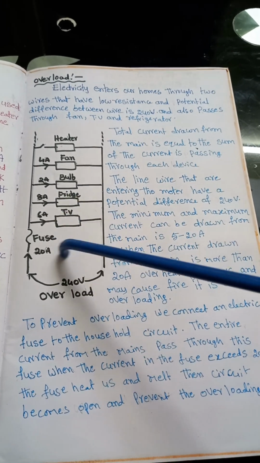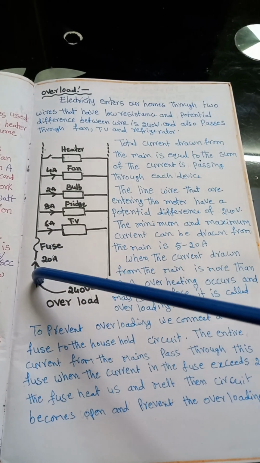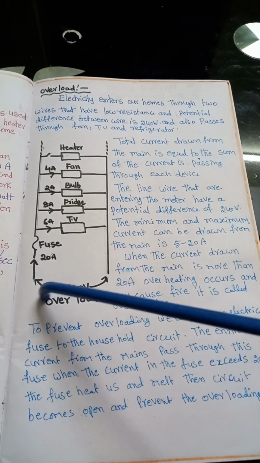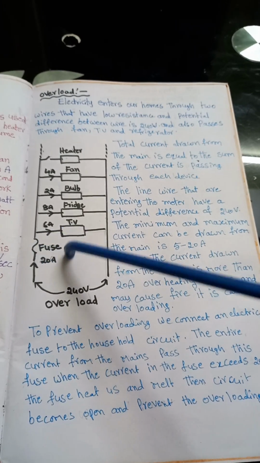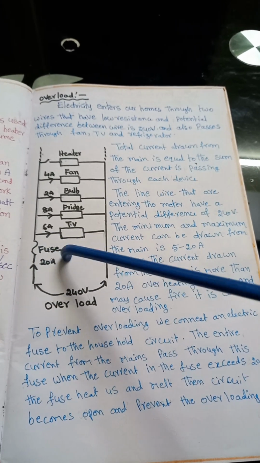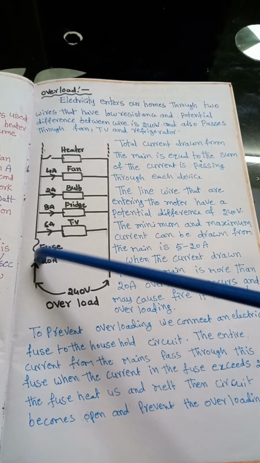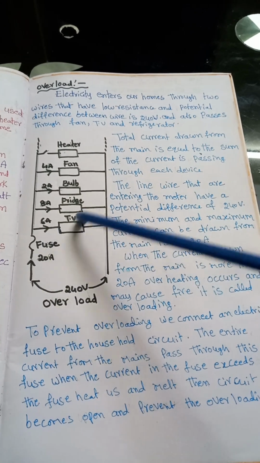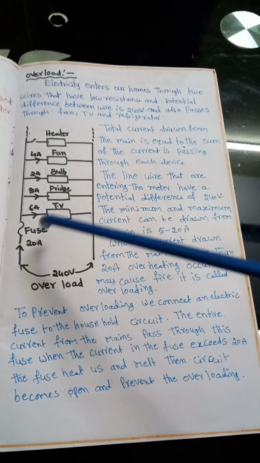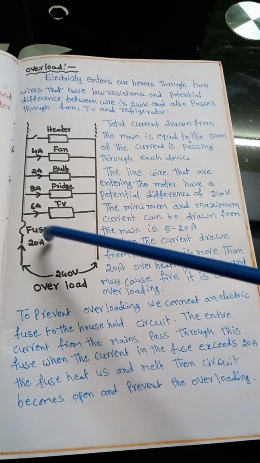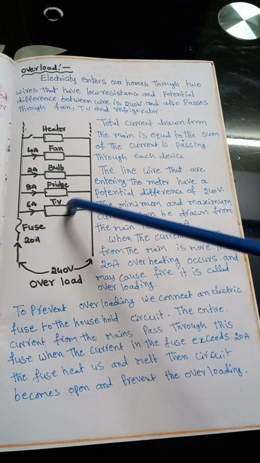So to prevent this overloading, we connect the fuse between the devices and the main. Then the fuse melts, and the current in our home is gone. So this happens to prevent overloading in the houses.